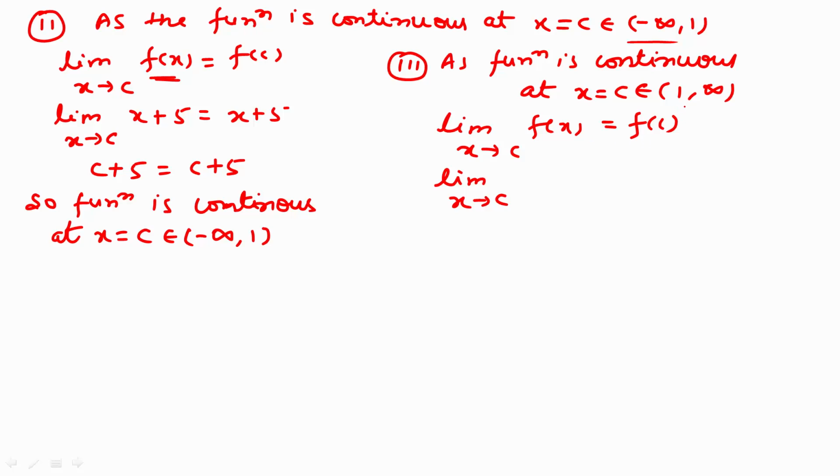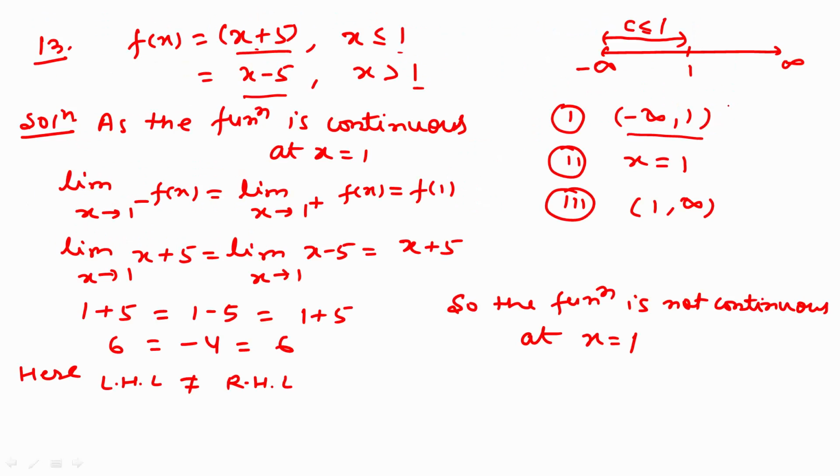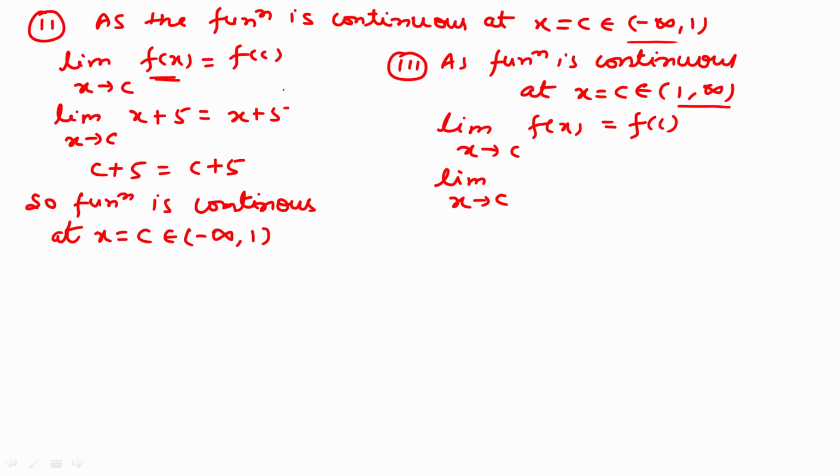For the interval 1 to infinity, c is always greater than or equal to 1. When c is greater than or equal to 1, we will take the function x minus 5.